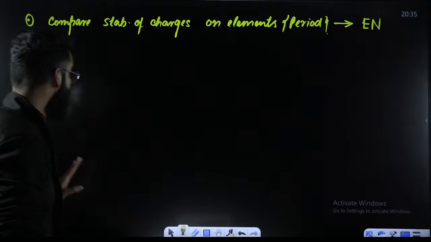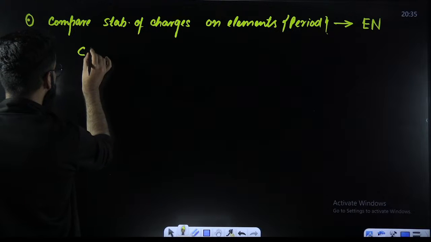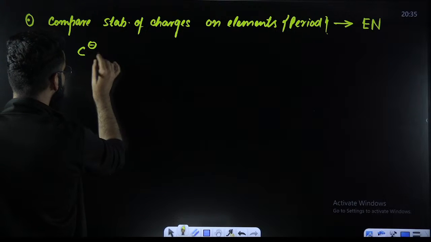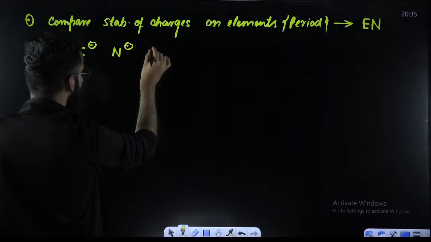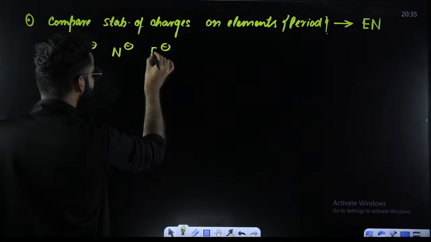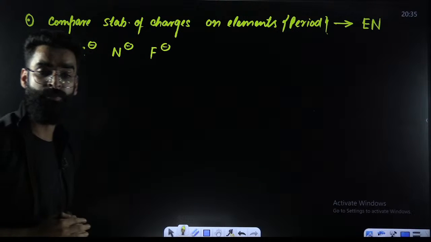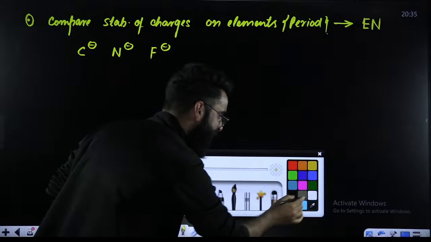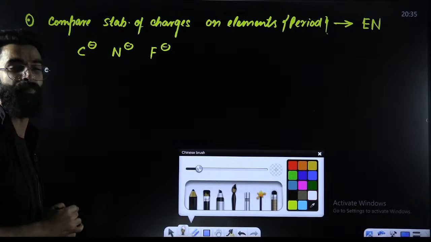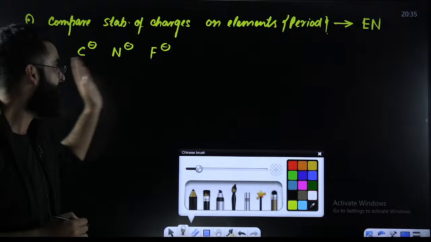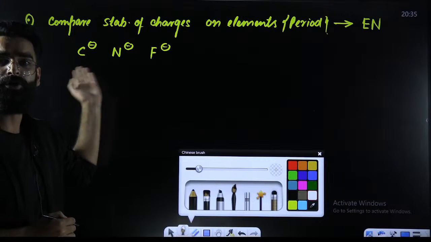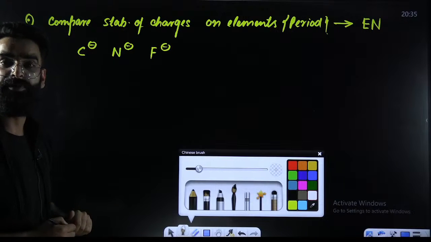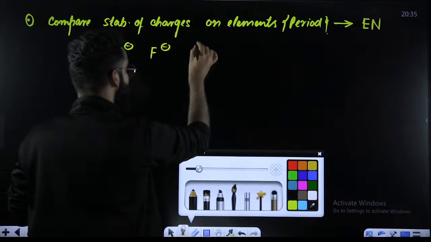What exactly am I talking about? For example, I've got carbon carrying negative charge, nitrogen carrying negative charge, chlorine carrying negative charge. I need to identify where the negative charge is more stable. First of all, I will check whether these elements belong to the same period or same group. They are the same period elements.